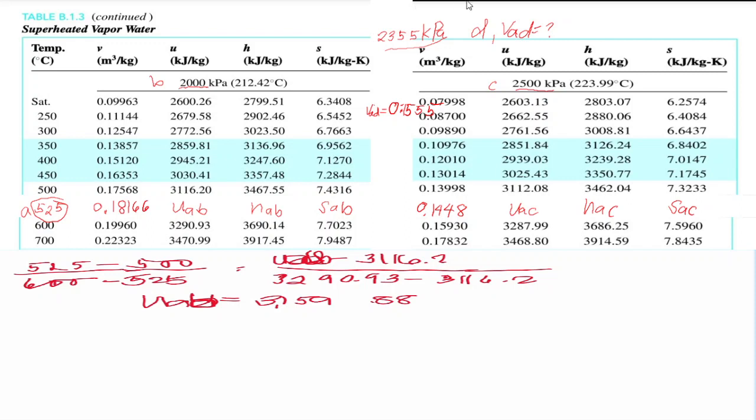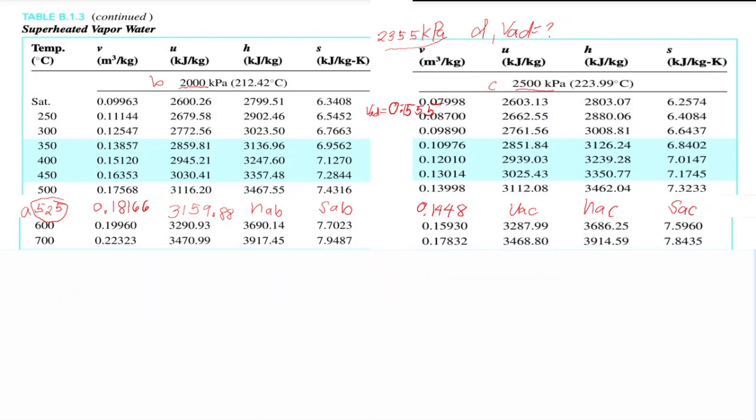So we erase that and substitute the value as 3159.88. That is in kilojoules per kilogram. So it's now time to find the value of UAC.